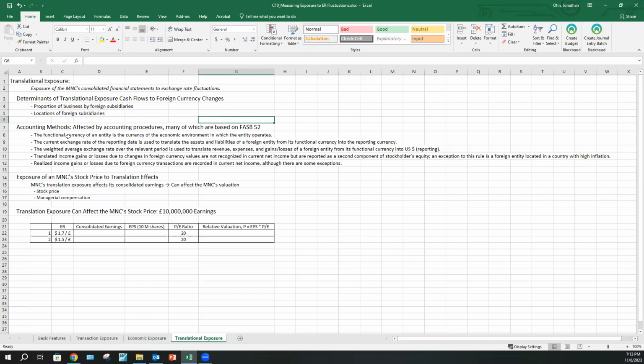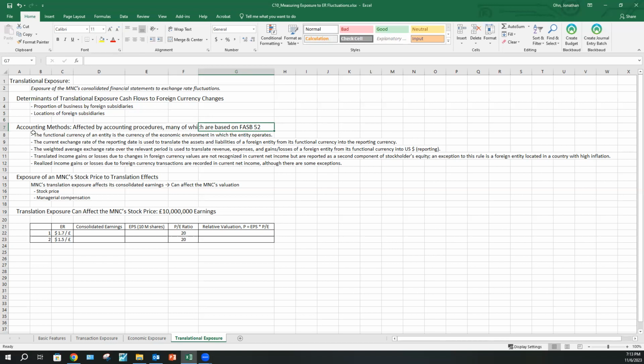All right, this is an accounting procedure. The accounting method is affected by accounting procedures, many of which are based on financial accounting standards and standards boards. I think you remember this from FASB 52. We look at this here.